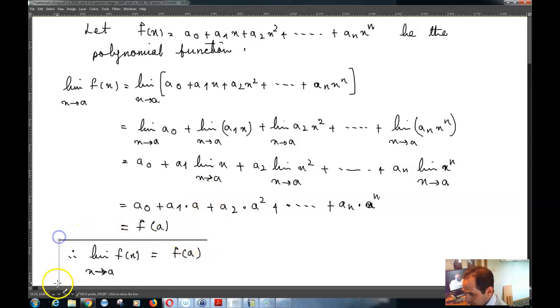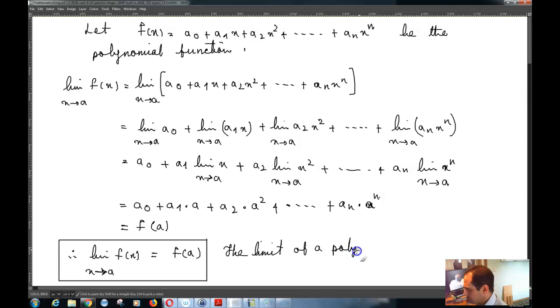That is actually the limit of a polynomial function of degree n.